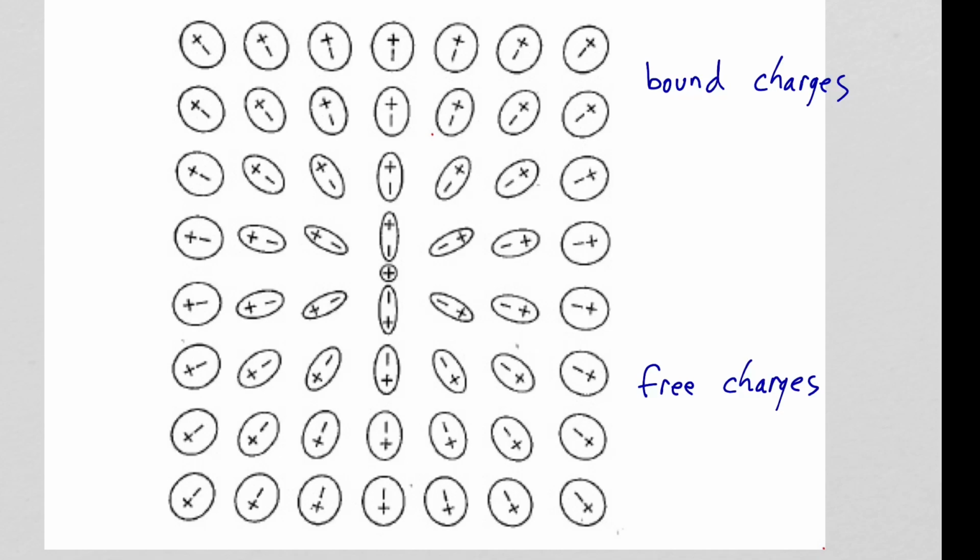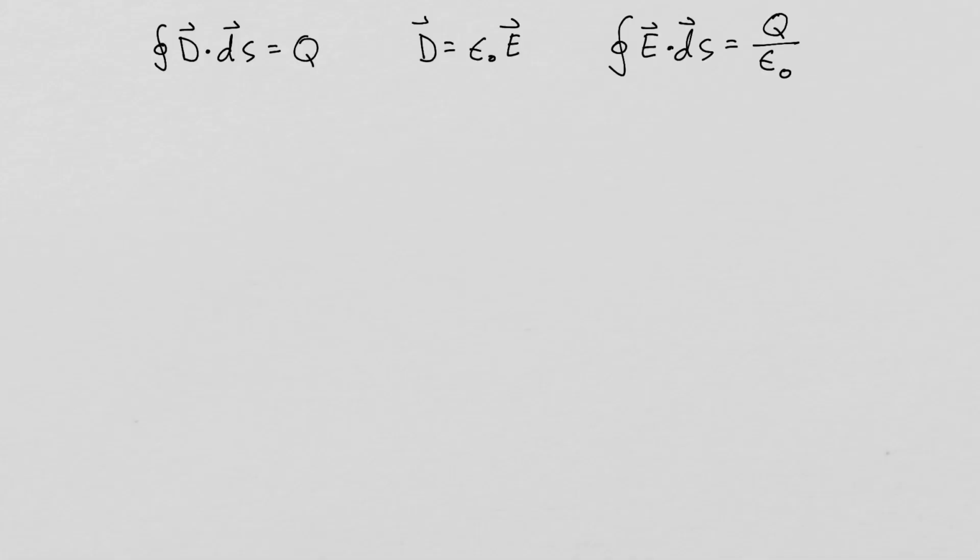Let's recall the situation where we had just point charges in free space. We had Gauss's law, which was the integral of the electric flux density field D dot dS over a closed surface equal to the charge enclosed. We also had the electric flux density field equal to the permittivity of free space times the electric field intensity.